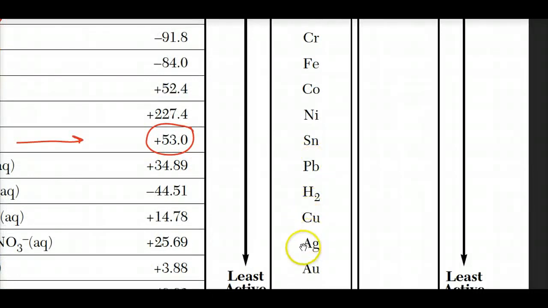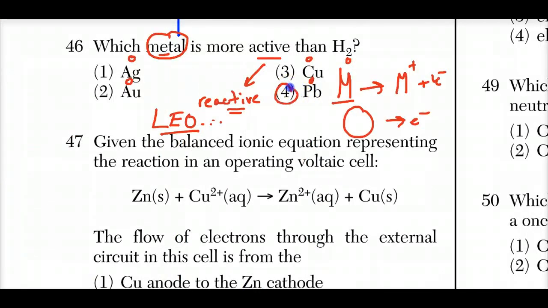Notice copper, silver, and gold are below H2. The most reactive metal, the one oxidized the best, is the one higher. It's the one above H2, so lead is our answer. So there we go with our answer. Okay, answer 4.